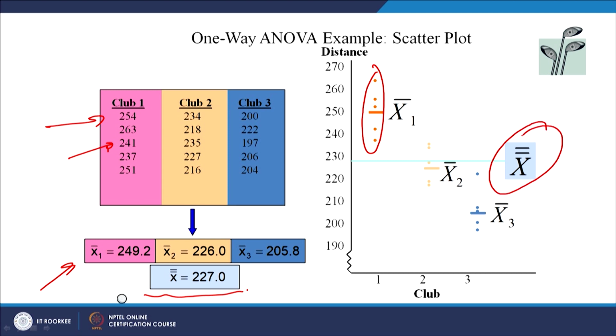So, this is nothing but 227, right, and x1 bar, x2 bar, x3 bar are these values, approximately 250, then 226, and this is 205, right.